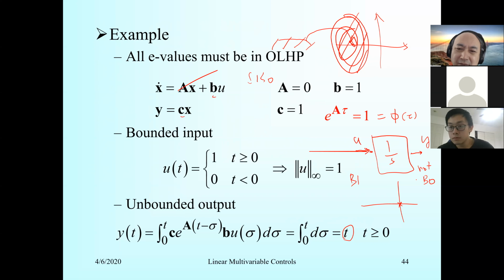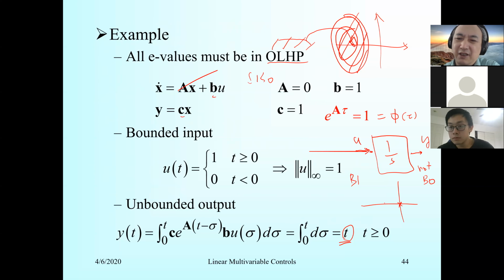Interesting. Now, in fact, the output is just t, the integration of 1, okay? So this is unbounded. But the system itself is just a counterexample of OLHP.